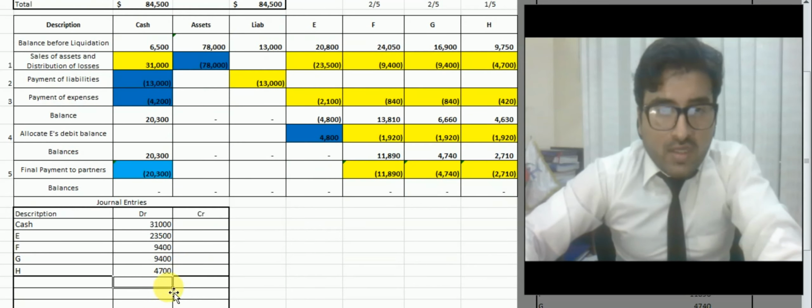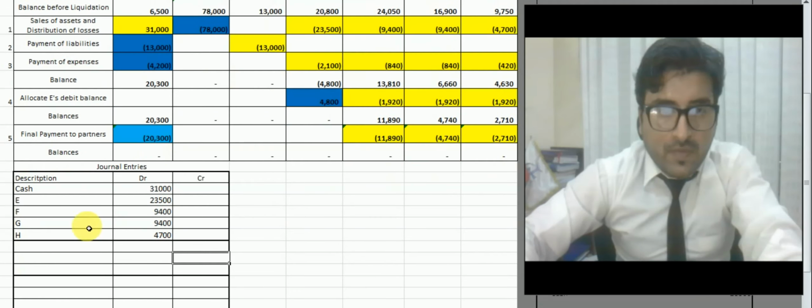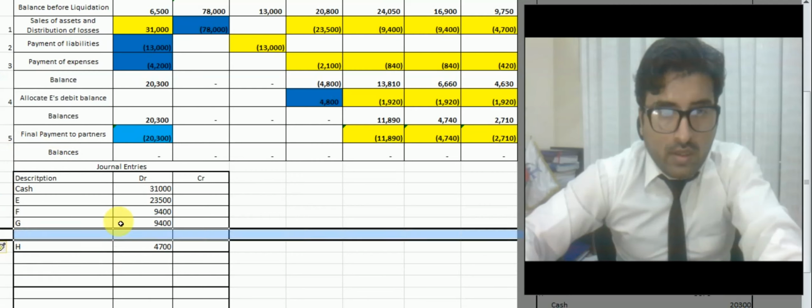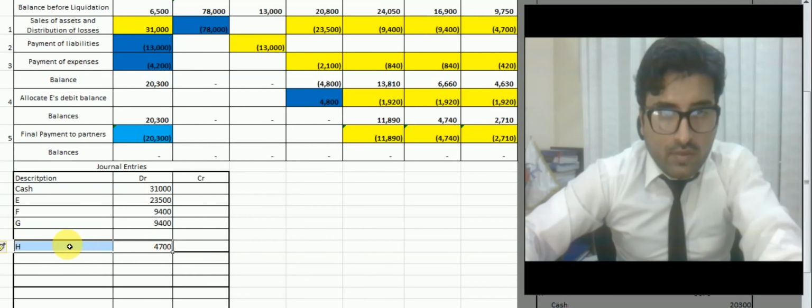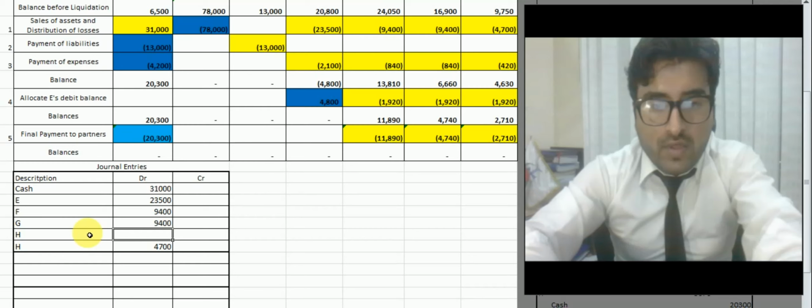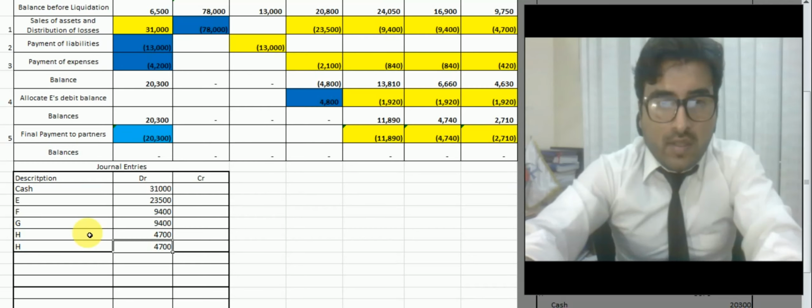Now what credited here? The value assets credited, okay. So let me just increase one row here. So this is H, 4,700, okay. And what credited?